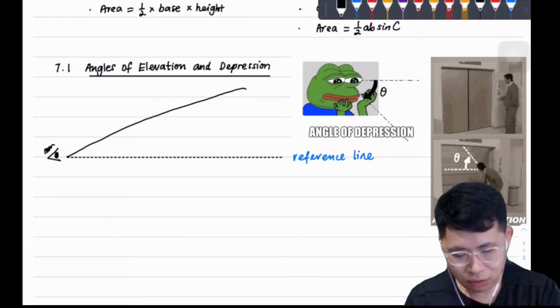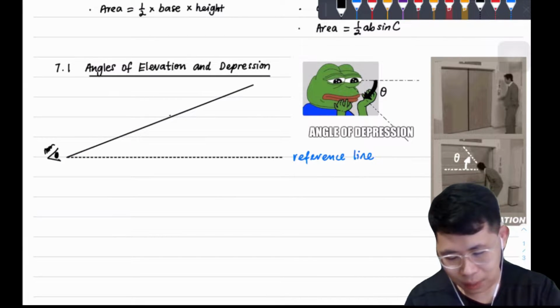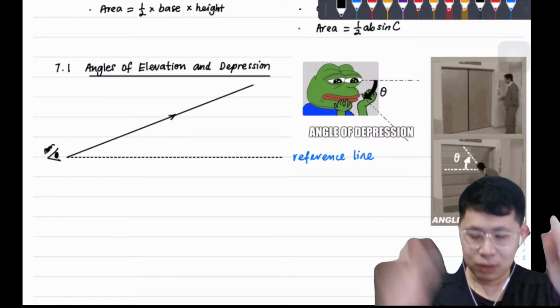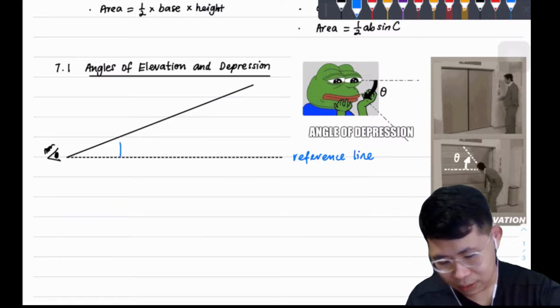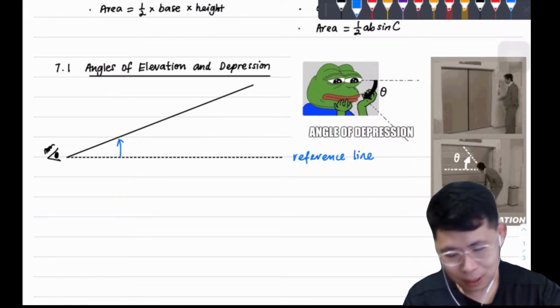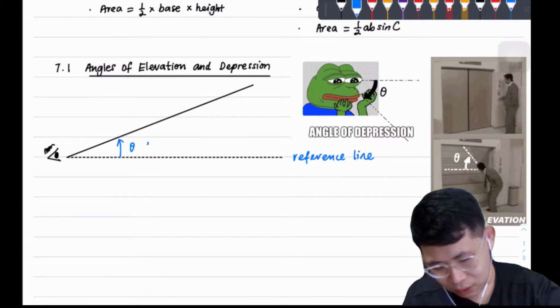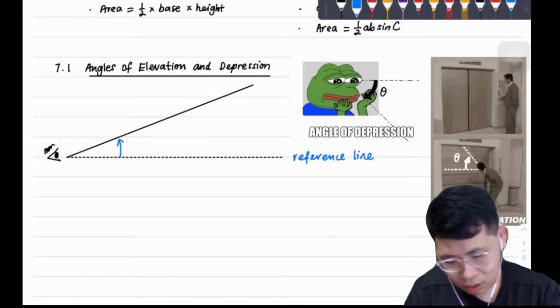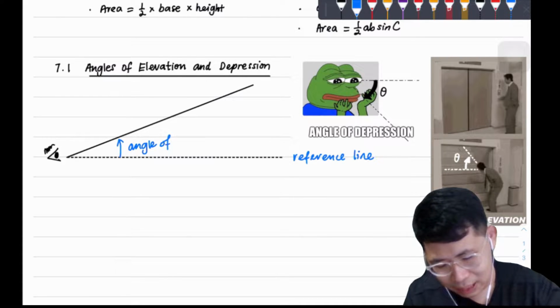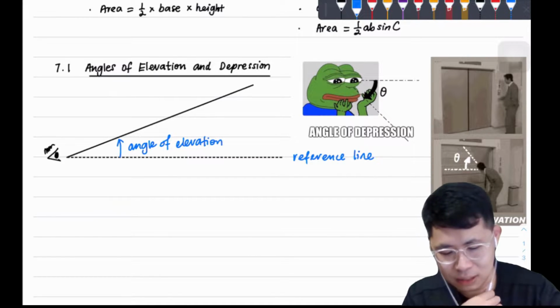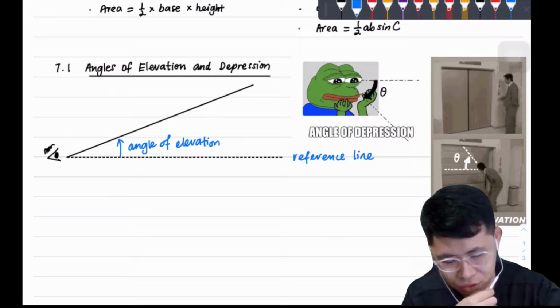If our line of sight is upwards, if you look upwards, this angle that goes upwards is what we call the angle of elevation, because we need to elevate our eyesight.